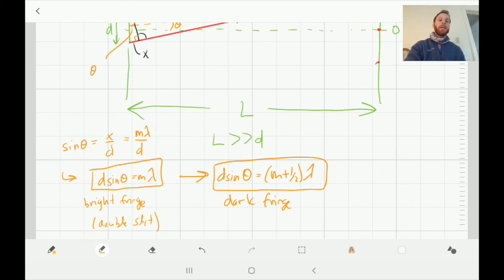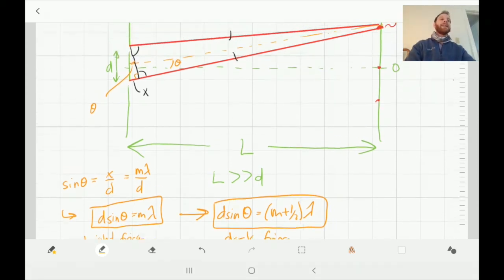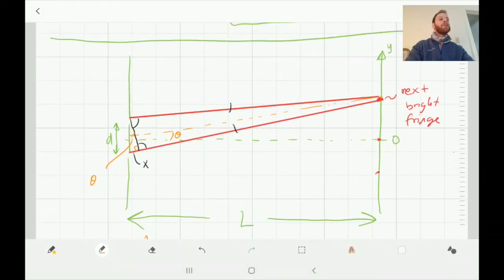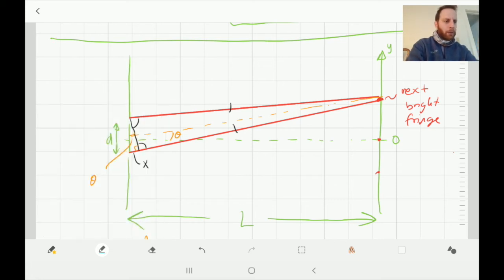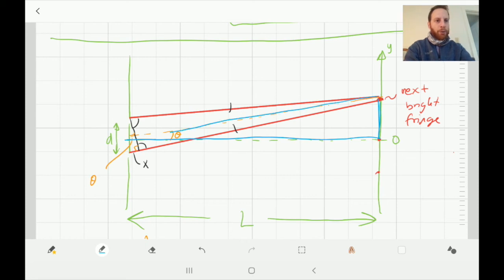Okay, good. The last thing to point out is that we can also predict where the position of these bright and dark spots will appear on that screen very far away by doing just a little more geometry. You'll notice that I'll use light blue to show you that there is a secret right triangle here. This is one side of a triangle, this is another side, and this is the hypotenuse of that triangle with the angle theta.